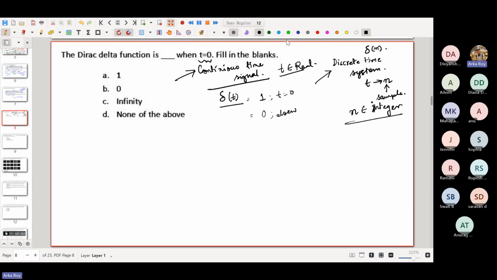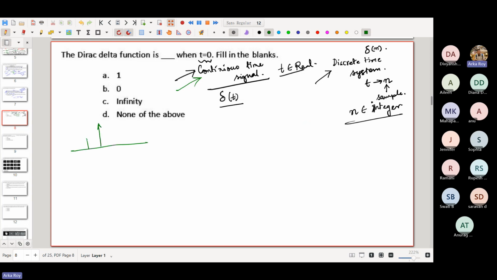This is a mistake that most of the students basically make. At t equal to 0, the value is not 1 in case of a continuous time signal. For that, we first have to see how the delta function is generated. Let's say you have a box function.